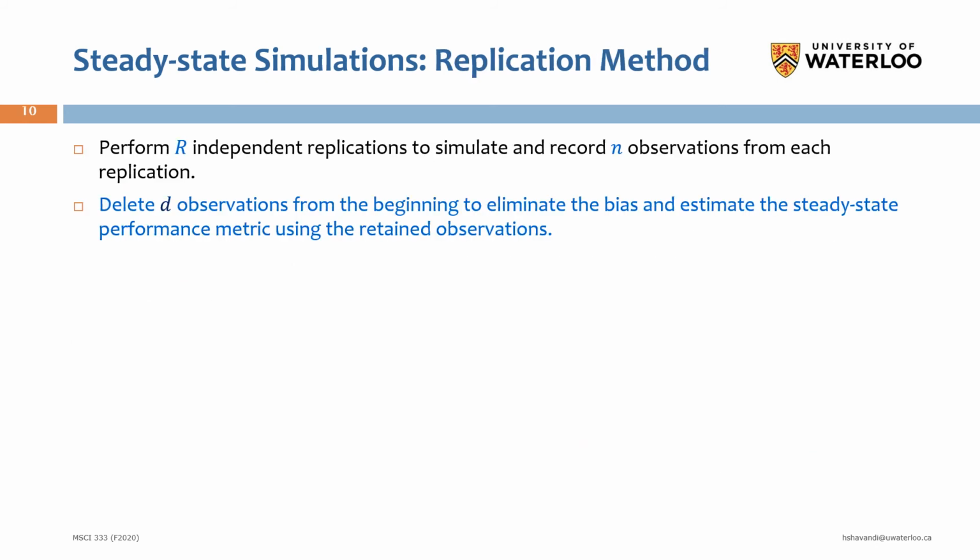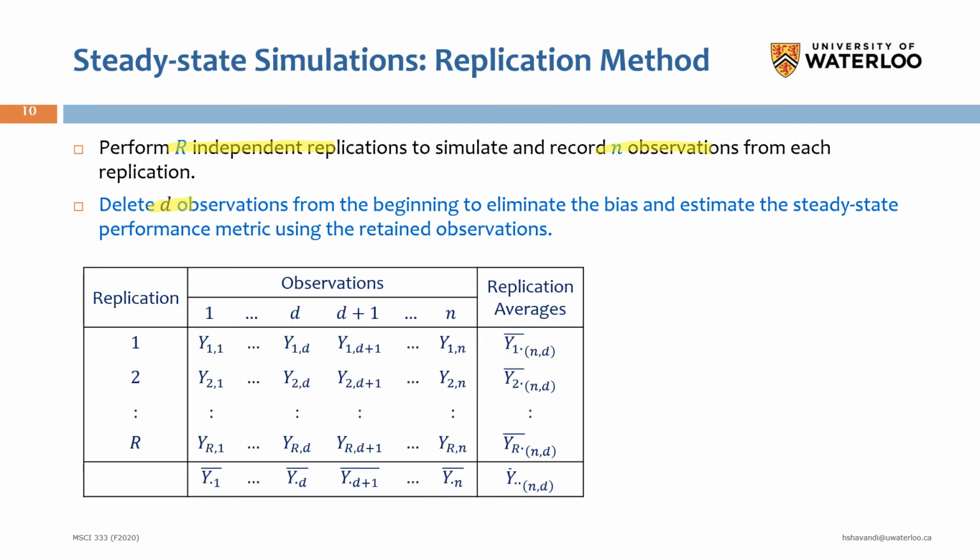The simulation can also be replicated, so we can use the replication method here as well. So here we assume that we have R independent replications, and at each replication we have n observations on the results. Here we assume that the first D observations are for the warm-up period, so we will eliminate the first D observations, and then we'll calculate our parameters after D observations.